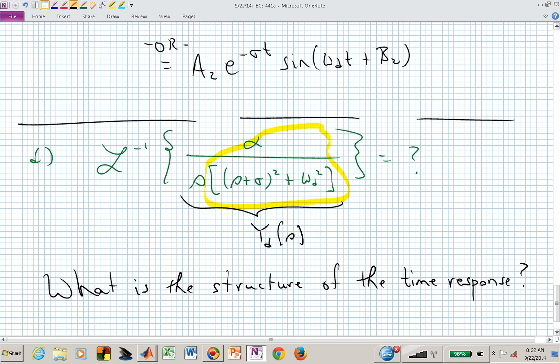You can do a partial fraction, exactly. Then what happens? A piece of your partial fraction will look like what you just were doing in parts A, B, and C. The other piece is going to look like something over s, isn't it? So you now have a constant in the time domain with this exponentially damped sine and cosine.